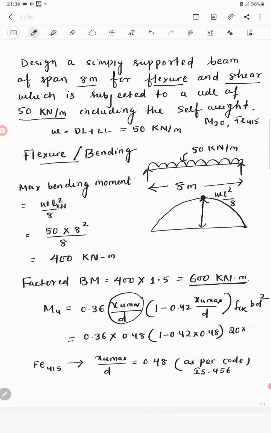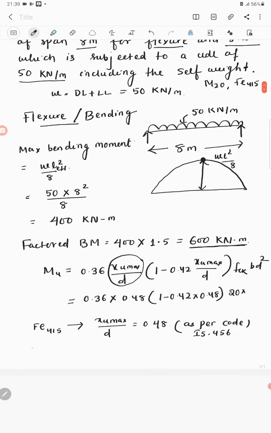into b d square. Okay, b is how much? b is not given, so initially you have to assume, let's say width of the beam is 300 mm. Okay, so let's assume this b into d square.